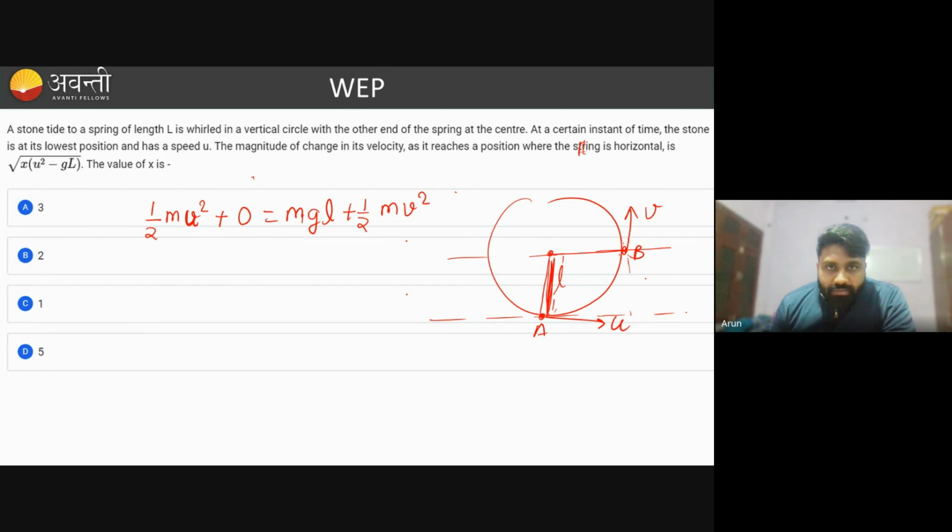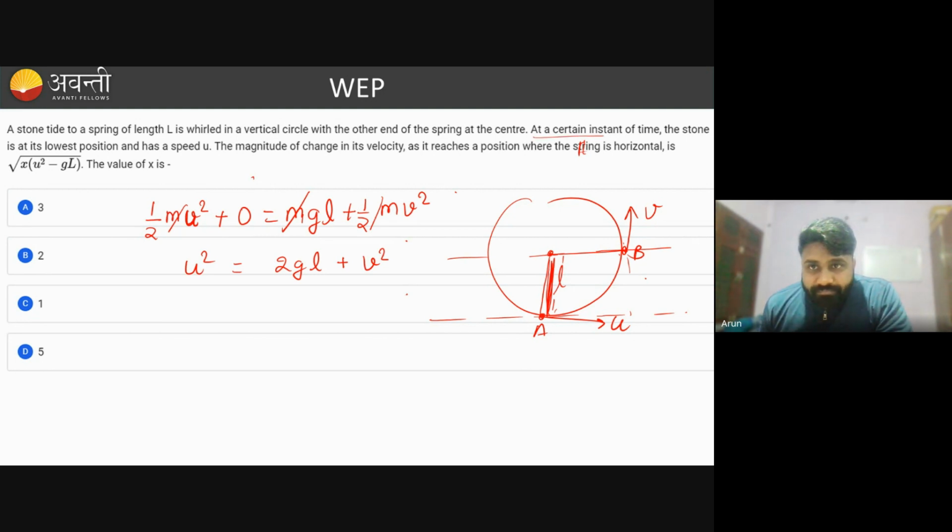If you multiply by 2 and cancel out the mass, it will become u square is equal to 2gl plus v square.